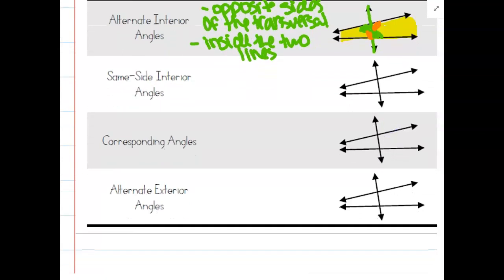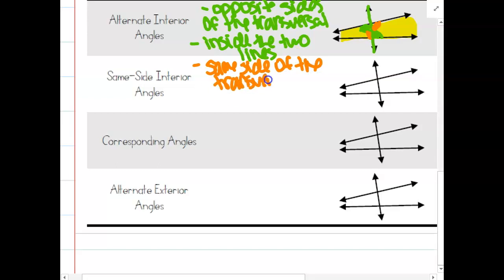We could do almost the same thing, but this time we can talk about same side interior. Since it says same side, these are going to be on the same side of the transversal. They're still interior angles, so they are still going to be inside the lines.